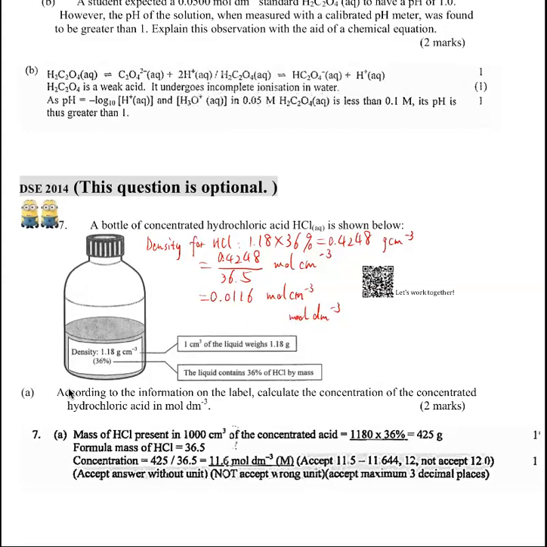Here we only have 1 cm cube. If we want 1,000 cm cube, then that becomes 1 dm cube. So we multiply by 1,000, and that will give you 11.6 mole per dm cube.